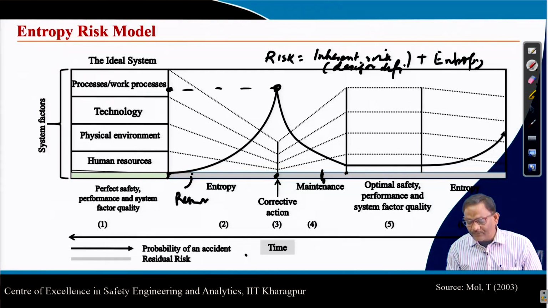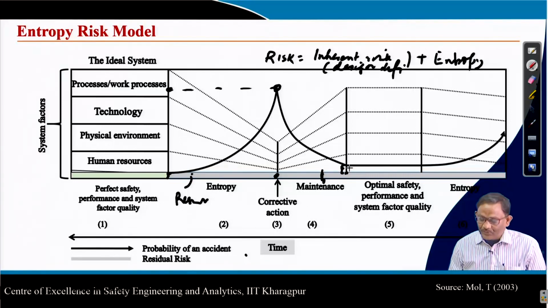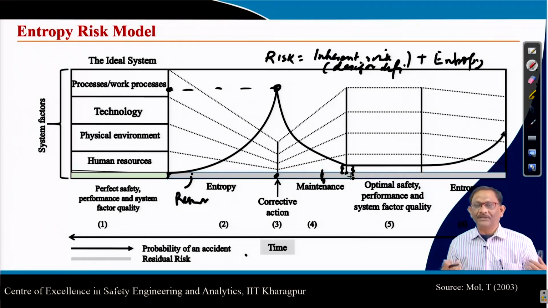So a certain amount of entropy risk is converted into residual risk, and your total risk, what you actually work with, now increases to this level.